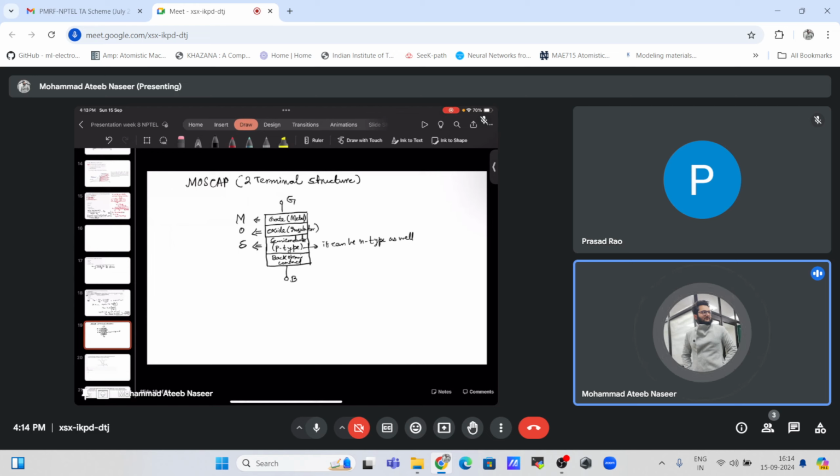Instead of another metal, we are having semiconductor. What we need basically is another plate or material where we can reflect the charge change which is happening on the metal side or on the one terminal.